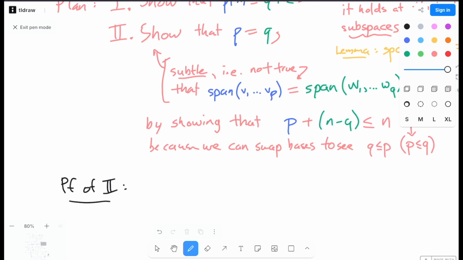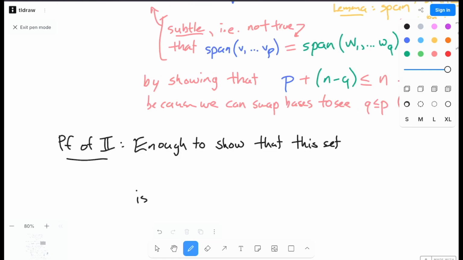So as promised, it's enough to show that this set is linearly independent. Let me split that sentence a little bit. Okay, so which set? We will take a purported basis, which we'll start off with the blue vectors, and we'll take all of the positive blue vectors.